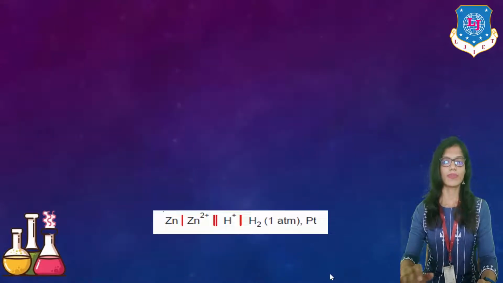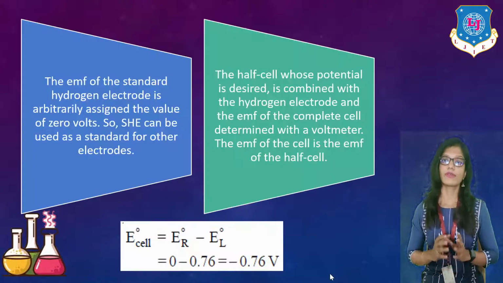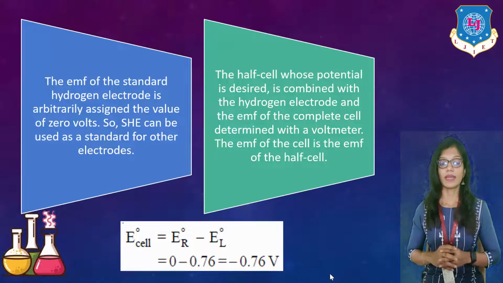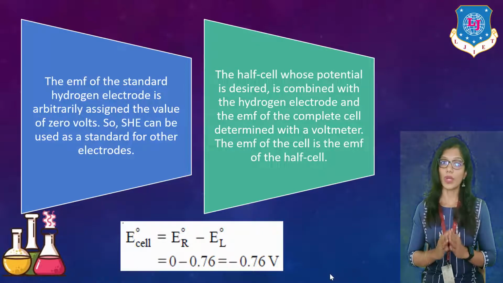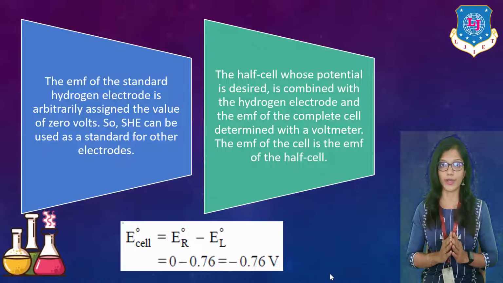Now let's see the EMF. What is the value of EMF? The EMF of the standard hydrogen electrode is arbitrarily assigned the value of 0 volts. So SHE can be used as a standard for other electrodes. Understood it very clearly. Here the EMF of this electrode will be taken as 0.